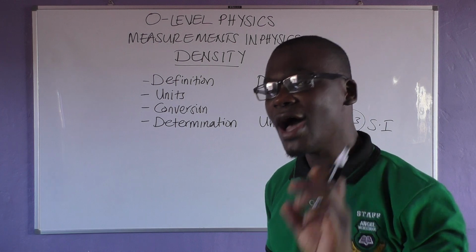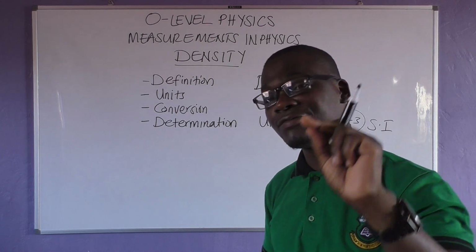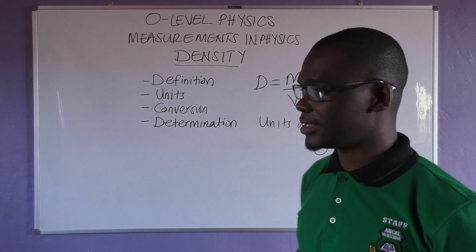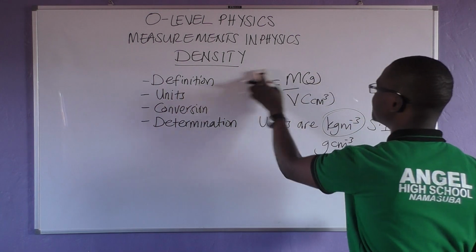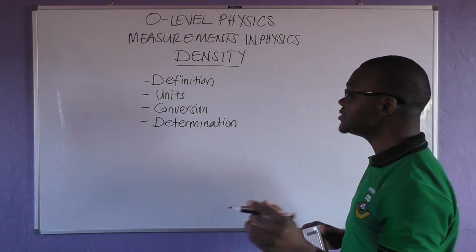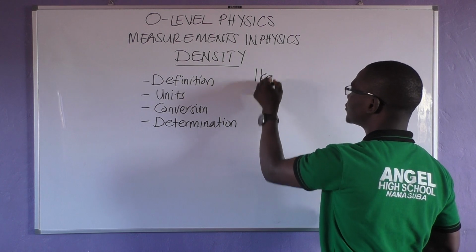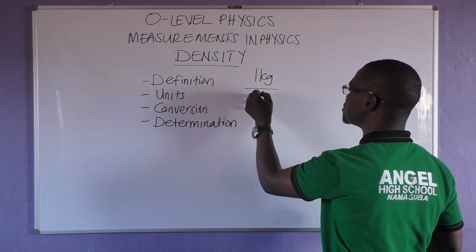Since we have two units, we can convert from one to another. Let's see how we do that. Density is defined as mass, which is in kilogram, over volume, which is meters cubed.